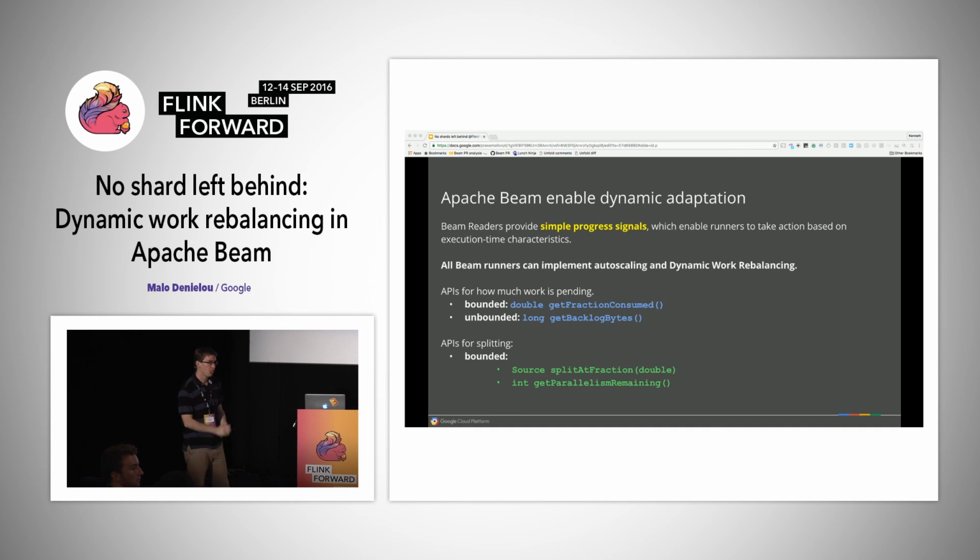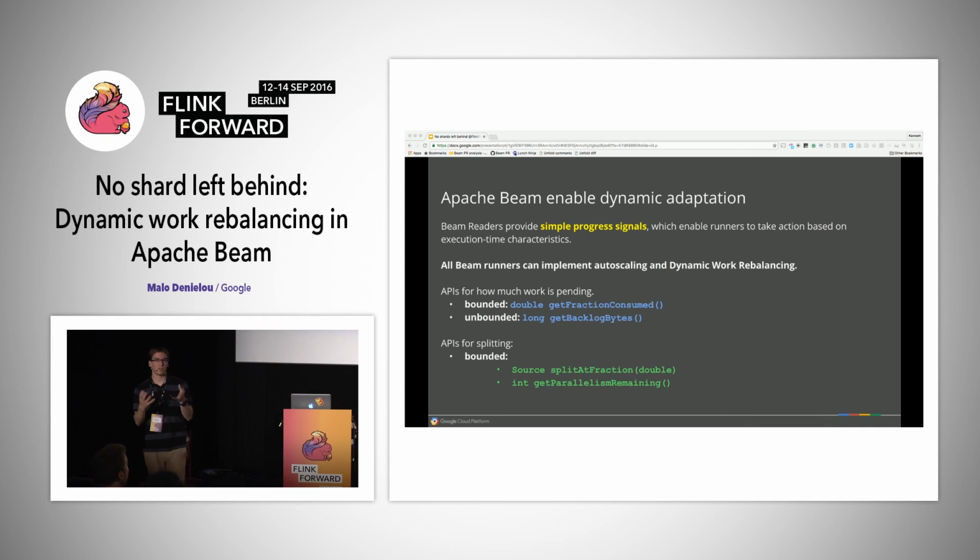Yeah, but how would I decide? I'm thinking out loud. How would I know what's the right value for get parallelism remaining and the number of bundles? It's something that the source can decide based on its own data. For example, let's say you have a text source that is reading line by line. If you are at the last line, then your parallelism is 1, so you cannot split anymore.